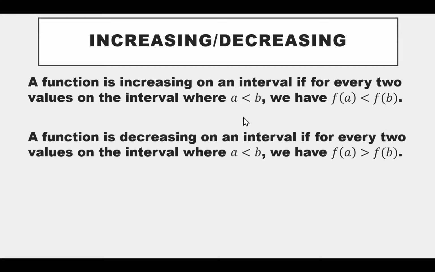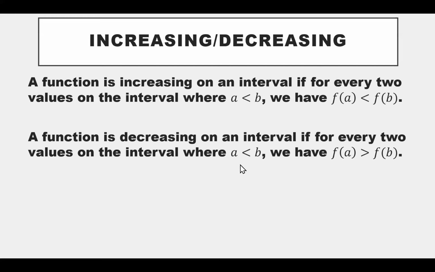That's what increasing means. A function is decreasing on an interval if for every two x values on that interval, where a is less than b, we have the output f of a is greater than the output f of b.